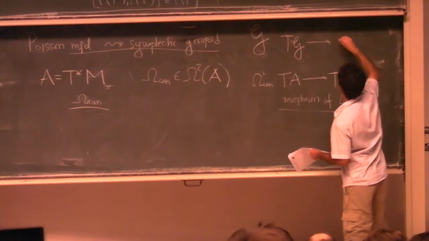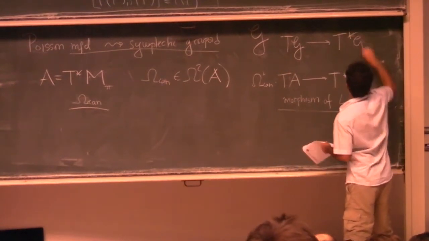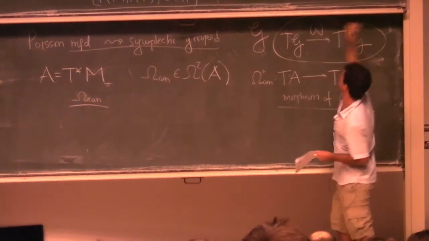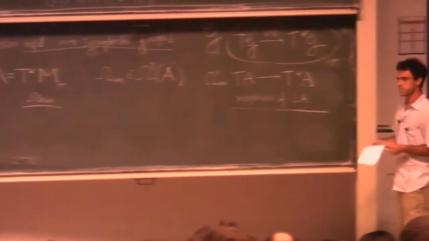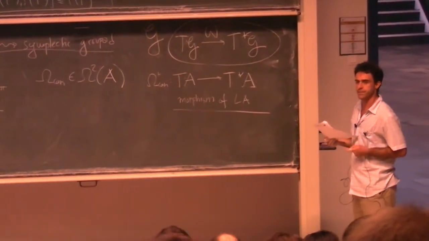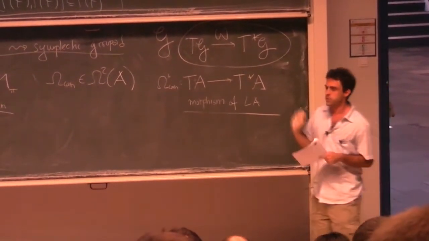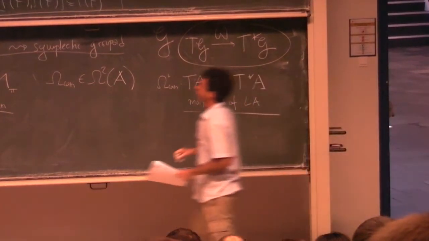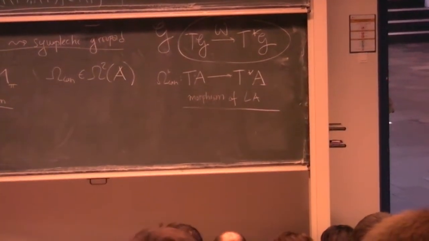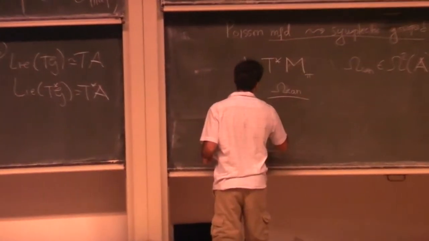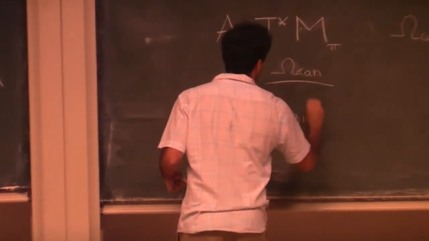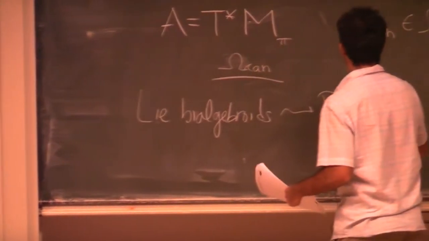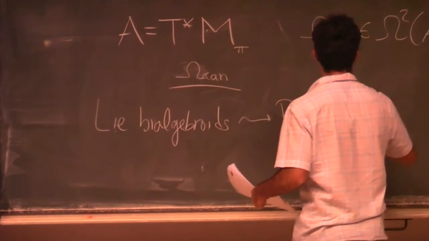So then I can just lift this to a morphism like this, and that's the symplectic form on the groupoid. So, it's as simple as that. This observation is really very fruitful somehow. So what about going from Lie bialgebroids to Poisson groupoids? It's just as simple.